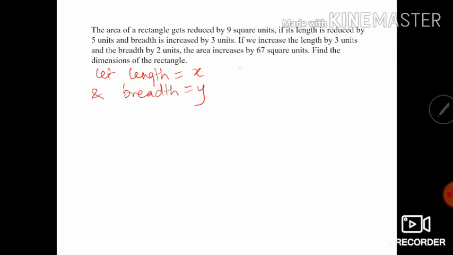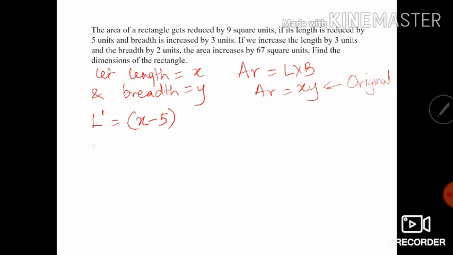So we can write, area is equal to length into breadth. So area is xy. This is the original area. Reading the first part of the sentence, if the length is reduced by 5, then the new length, I am denoting the new length by L dash, will be x minus 5, and the breadth is increased by 3, so the new breadth will be y plus 3.